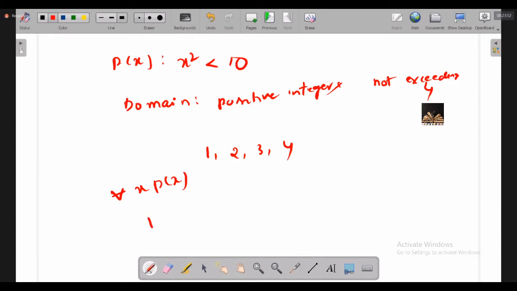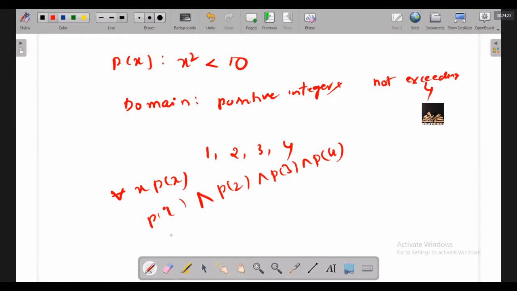So first check P of 1 conjunction P of 2 conjunction P of 3 conjunction P of 4.